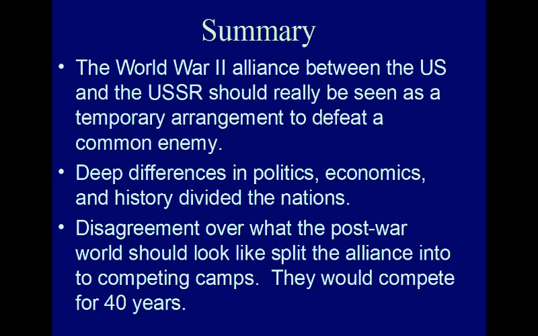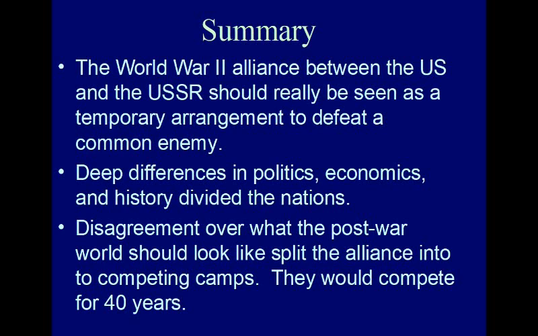You have a summary. The World War II alliance between the US and the USSR should really be seen as a temporary arrangement. Please remember that the German danger represented by Hitler was faced by this alliance made of the United States, the Soviet Union, and the United Kingdom.